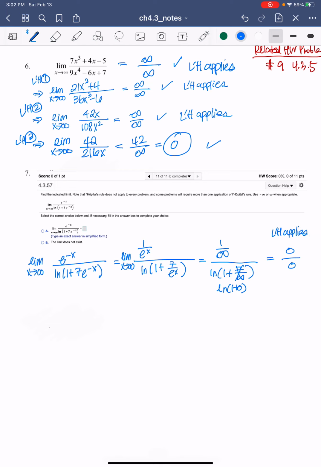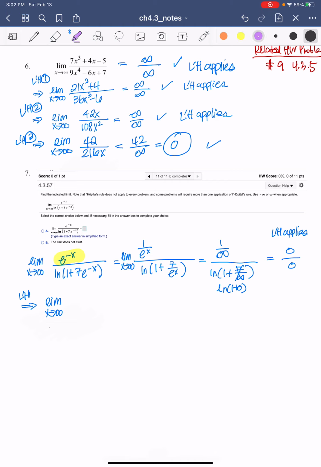So let's continue. I'm going to apply L'Hopital's rule and take the derivative of the numerator and the derivative of the denominator of our original function, this one and then this one.